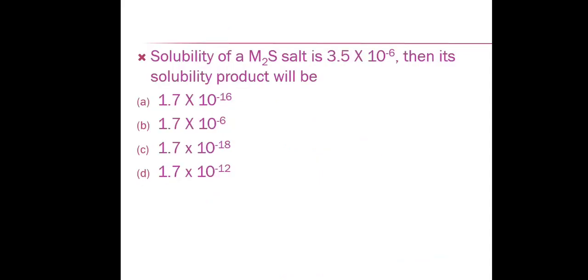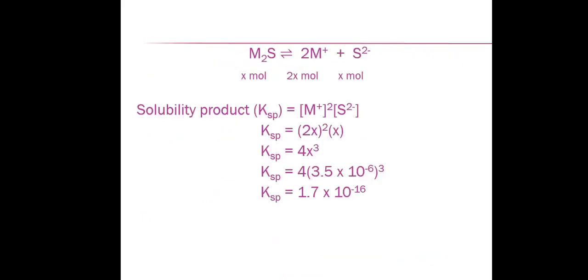The solubility of M2S salt is 3.5 into 10 to the power minus 6. Then the solubility product will be? So over here the solubility is given and the solubility product is to be found. Now, you can see there are 4 options given. How to go for the answer is, again, we need to represent the dissociation equation.